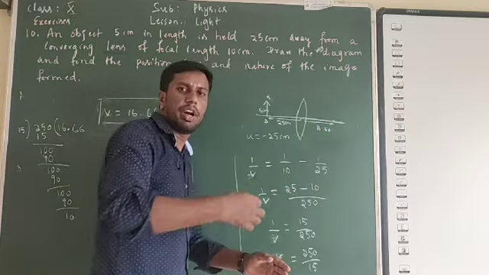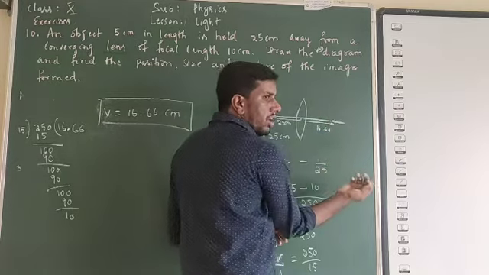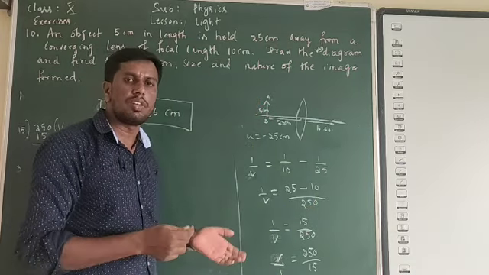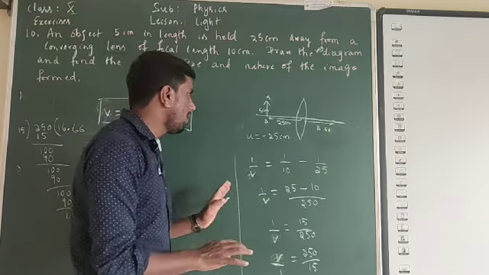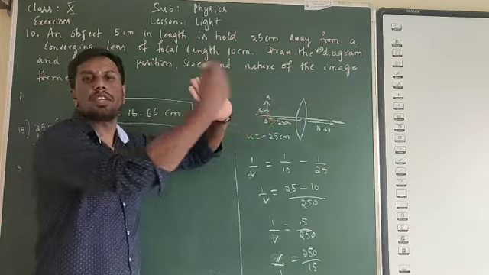So still we need to find out whether the image is inverted or real. The only thing we have got is that the image lies on the other side of the lens.